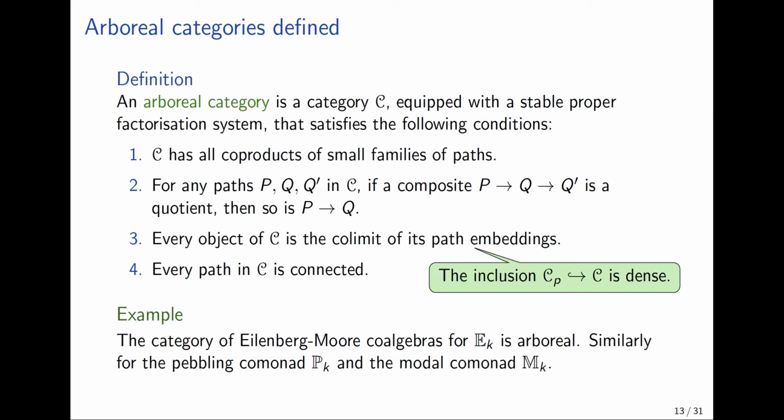I'm not sure. I've tried to understand this 2 out of 3 property as pointing in the direction of model categories, but I think there is something to say there.